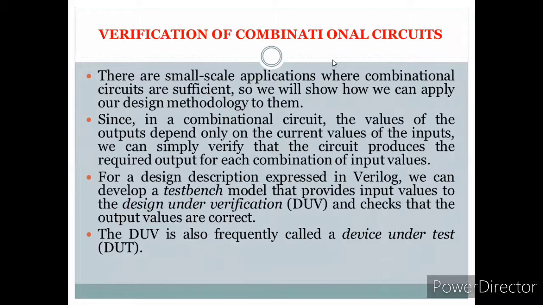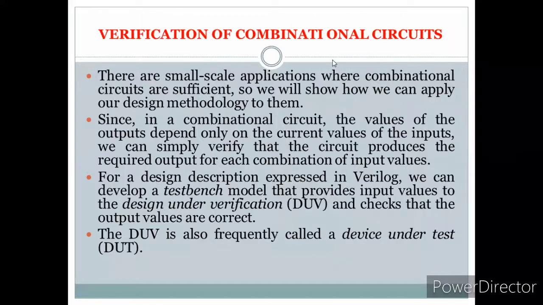When clocks and feedback come in, it becomes a flip-flop. Without flip-flops, all the basic blocks of combinational circuits that we have studied, like decoders, encoders, multiplexers, along with the basic gates, are examples. Now, once we design that, what do we have to do?